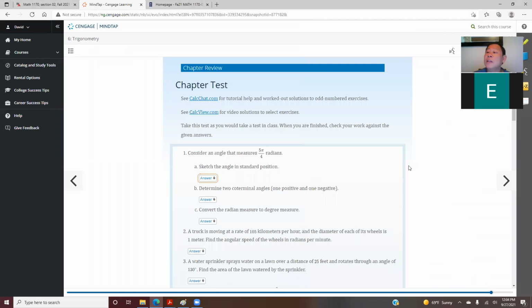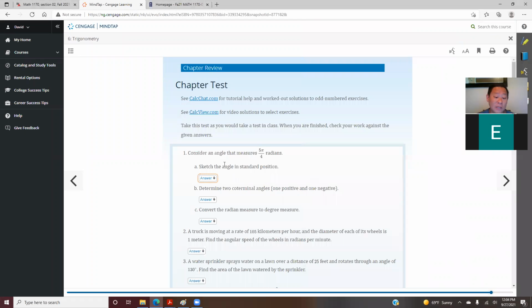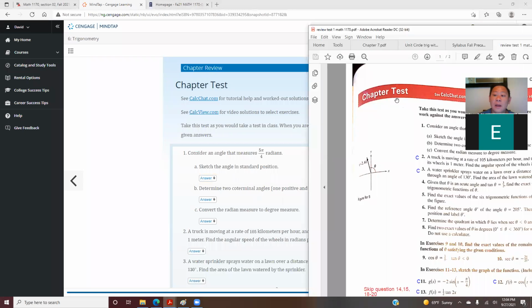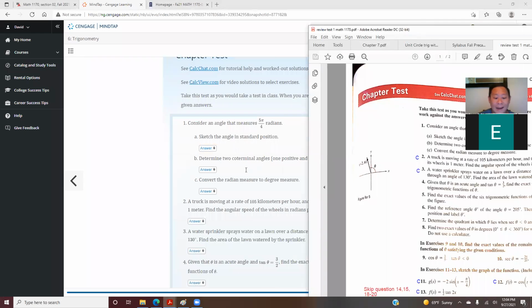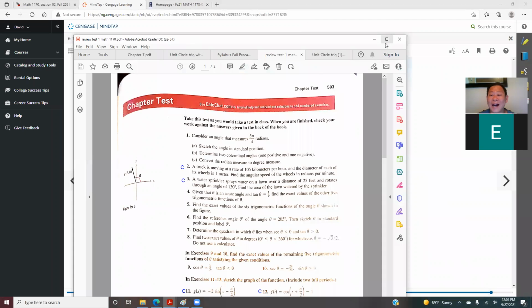If you need to know where your answers are, I would recommend you look at your ebook, at the very end of a chapter, the chapter test, because the review here is from the chapter test. You just click on here and that will be your answer. If you have the textbook, you can get the answers at the very back of the book.